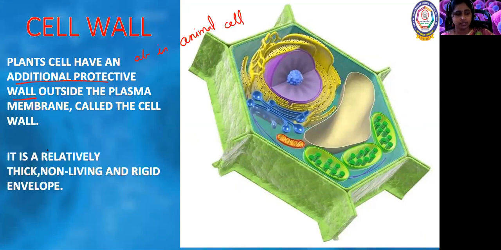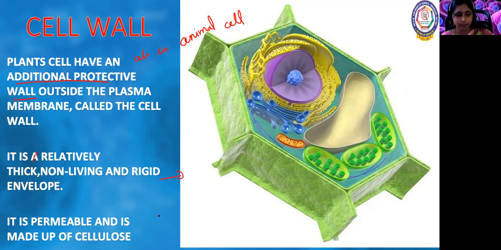It is a relatively thick, non-living and rigid envelope. That is why it gives support, a skeletal framework we can also say. It is permeable and made up of cellulose. Cellulose is a material which is seen in the cell wall of the plant.